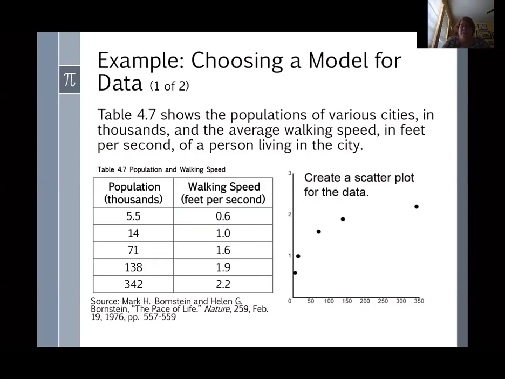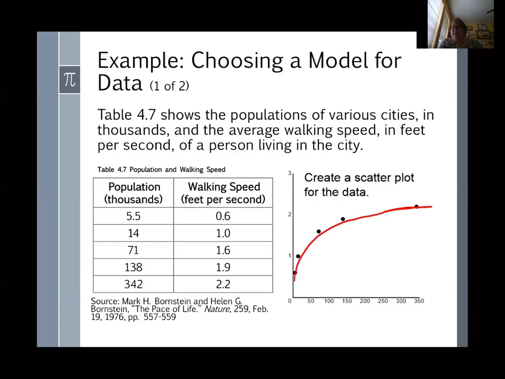So we take those 5 ordered pairs and graph them on the coordinate plane. That gives us the scatter plot, which you can see in the graph on the right. If I look at the shape of that set of ordered pairs, it looks very logarithmic to me.